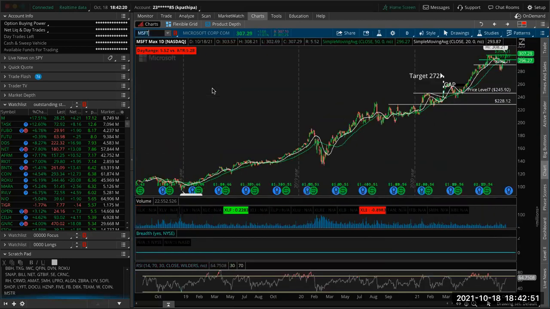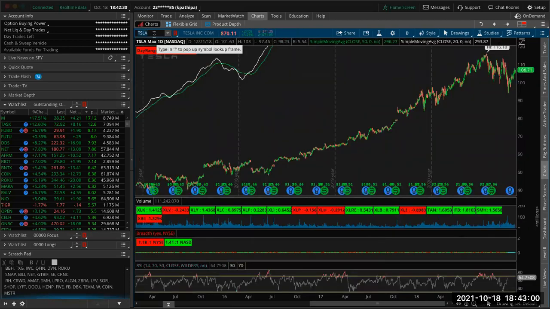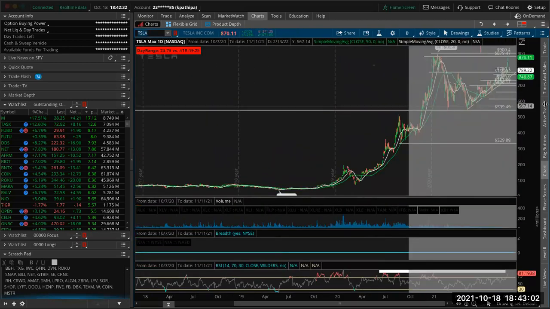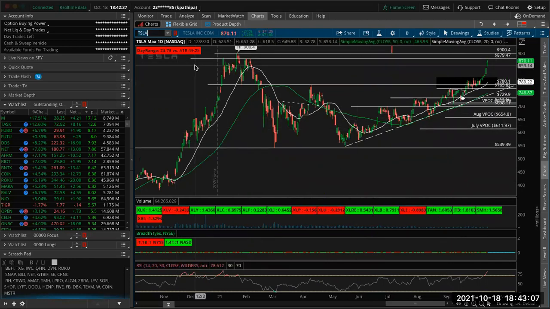And Tesla is obviously looking better. It's almost at the highs, and its market capitalization is, how much is it right now? It's 860 billion, so not very far from being a $1 trillion company. So another $130 billion.